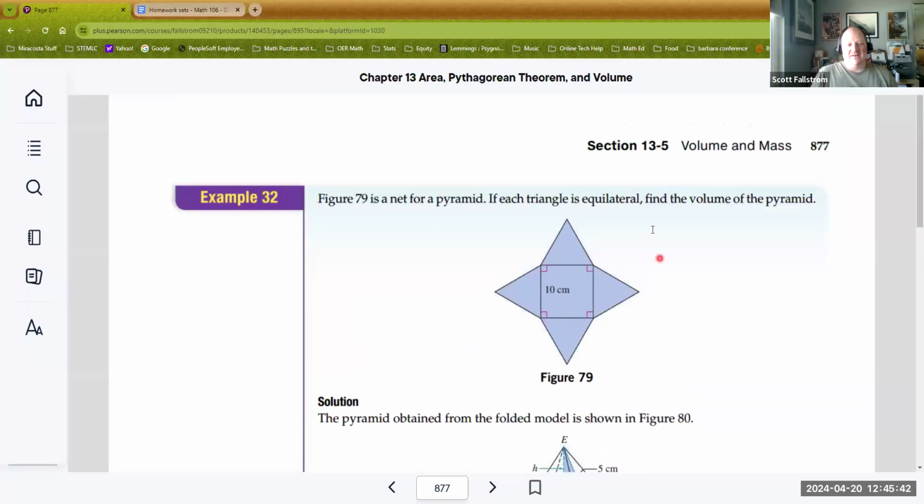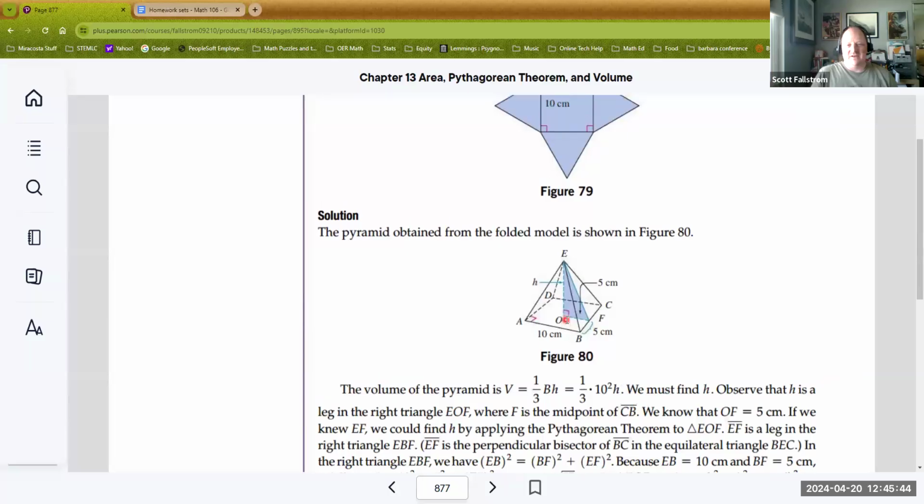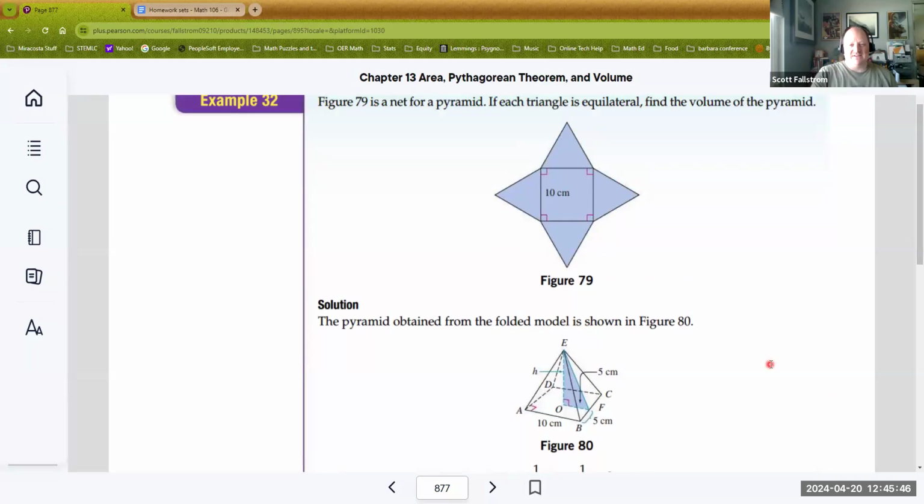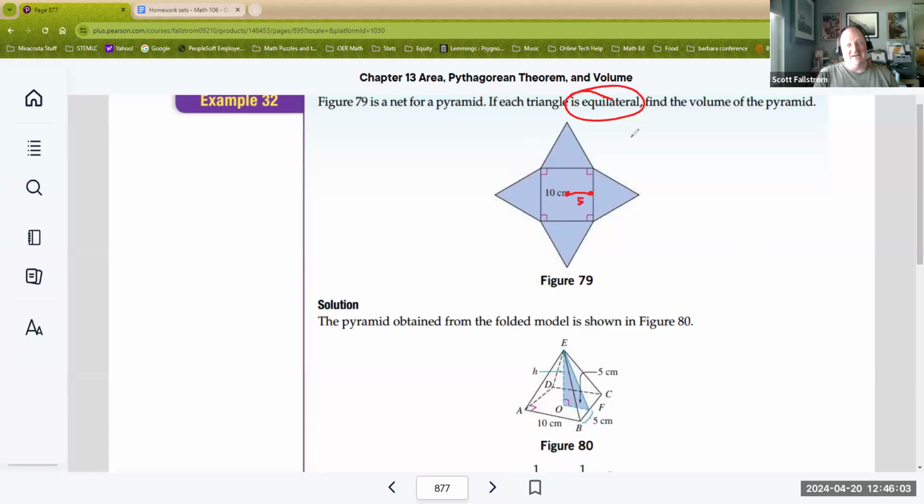All right. They got a net here. Again, if you have the net, sometimes the net is helpful. I said it's a challenge at times to find the height, but if you know some other pieces, at times you can. So if I know from here out to the edge, that would be 5, right? And then the slant height, depending on the triangle, I need to know something about the triangle. In this case, it's equilateral.